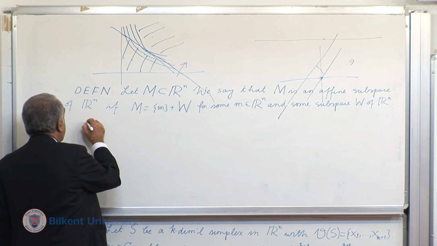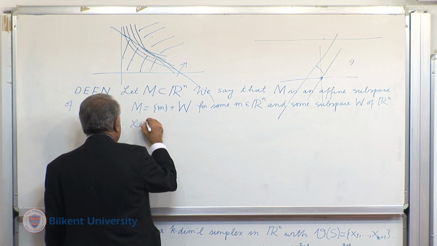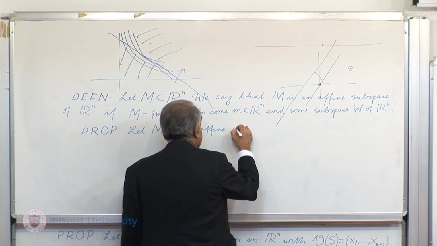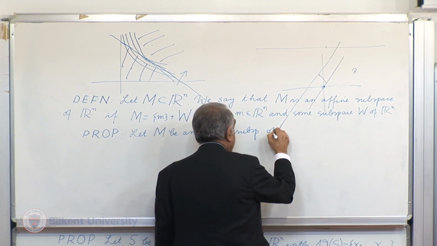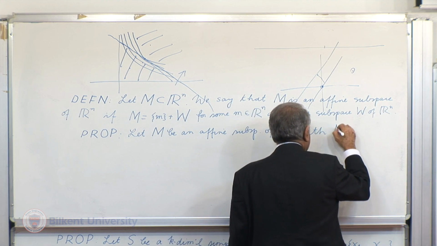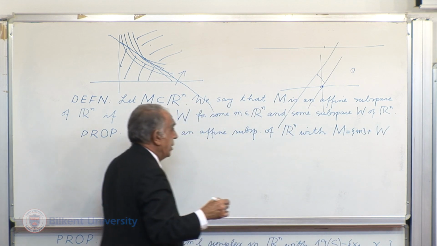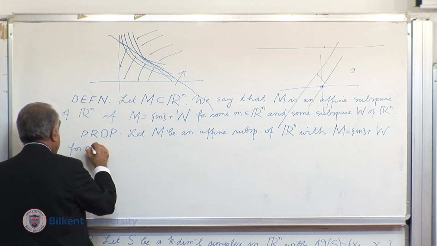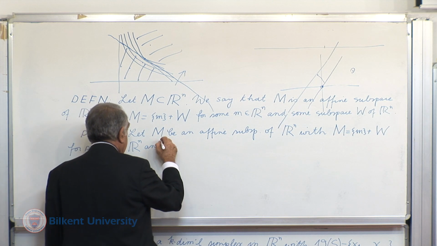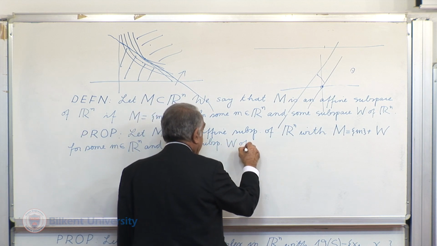Now, firstly, the first proposition. Let M be an affine subspace of Rn with M equal to singleton m plus W for some m in Rn and some subspace W of Rn.